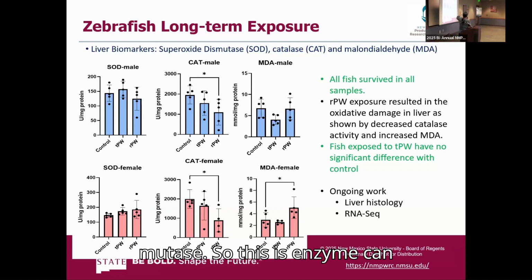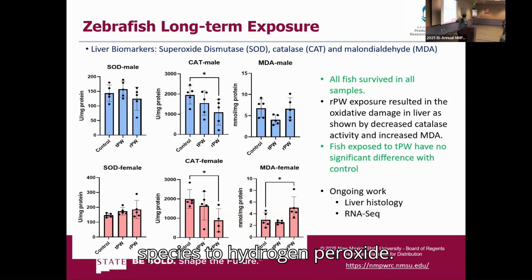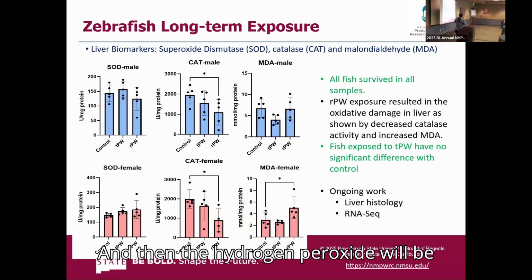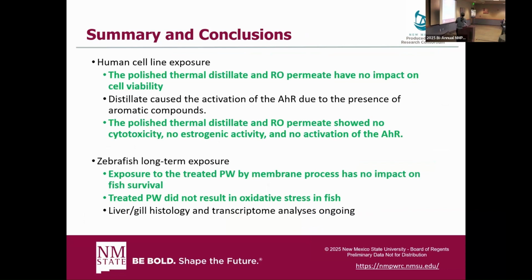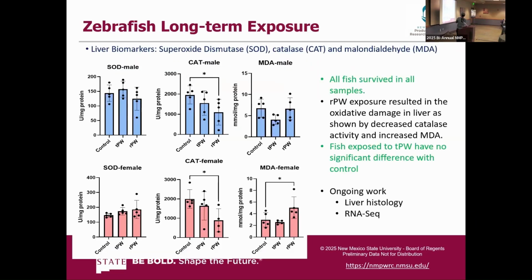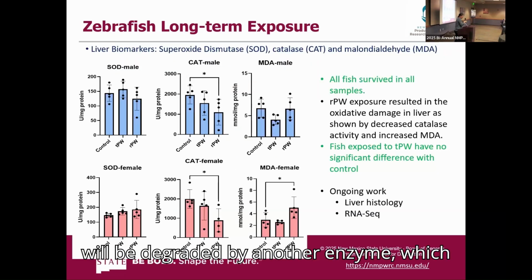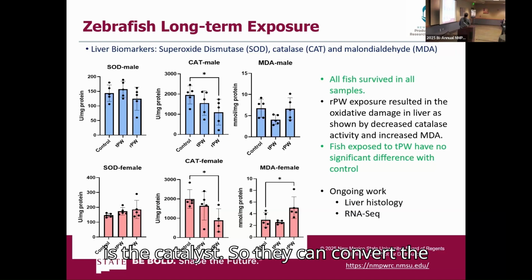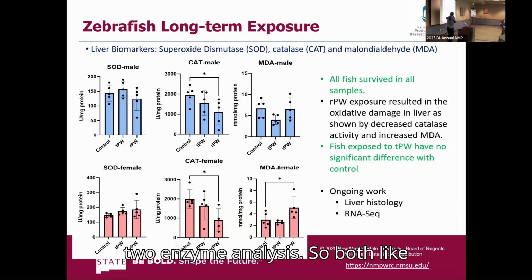This enzyme can convert reactive oxygen species to hydrogen peroxide, and then the hydrogen peroxide will be degraded by another enzyme, which is catalase. It converts the hydrogen peroxide to non-toxic species. So that's the two enzyme analyses. Both increased and decreased levels are not good.